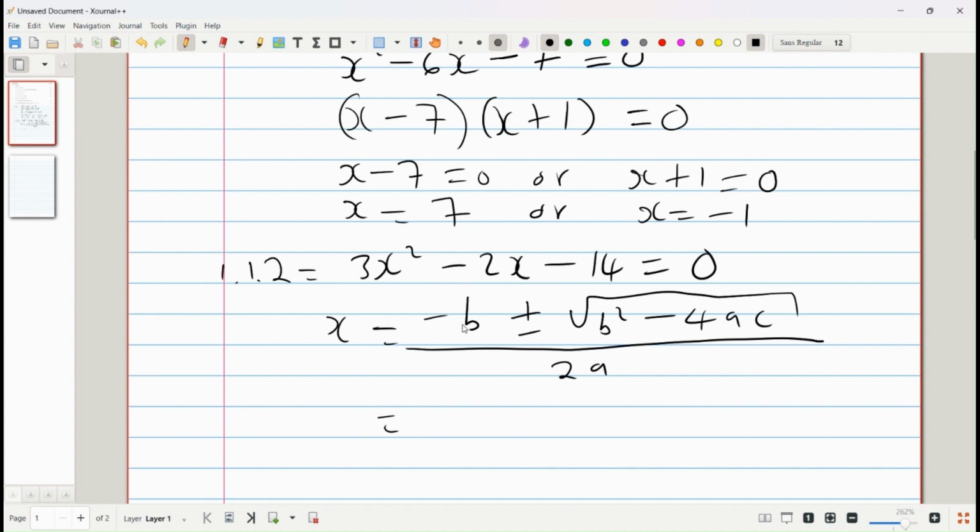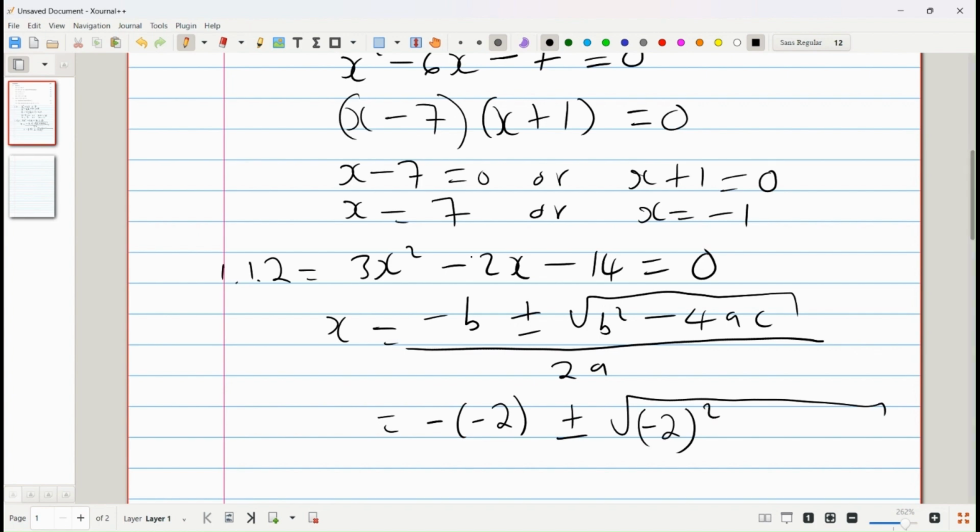For the first one, we have negative b. What is our b? Our b here is negative 2. So we substitute negative 2. Then we have plus or minus the square root of b squared. For b squared, we have negative 2 again, but we square it.